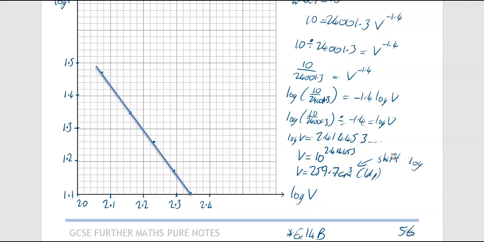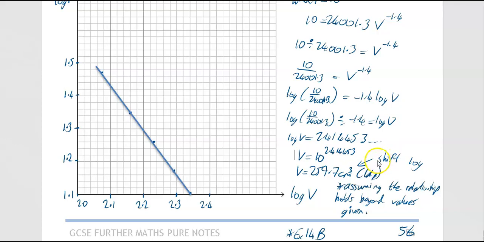And the last wee bit will just say this is assuming the relationship, I'm going to run out of space here, the relationship holds beyond values given. And that's it.